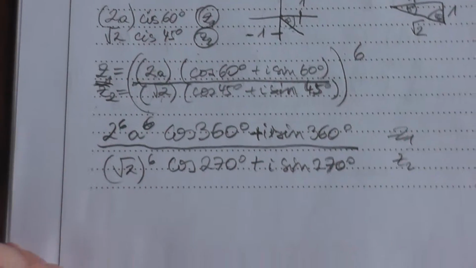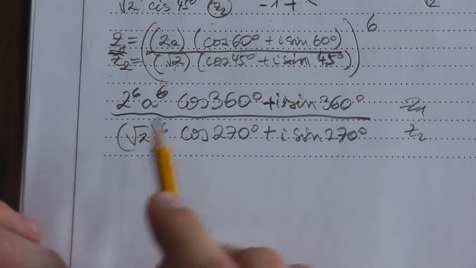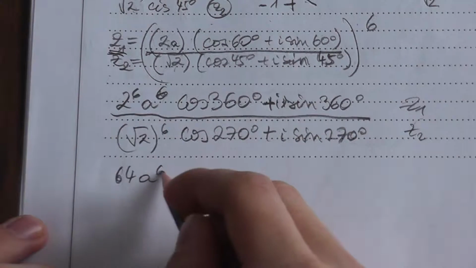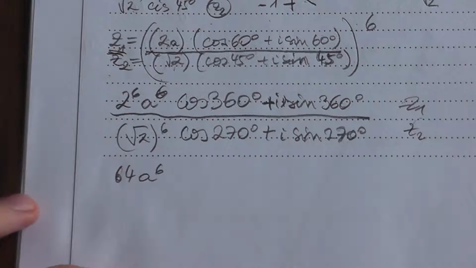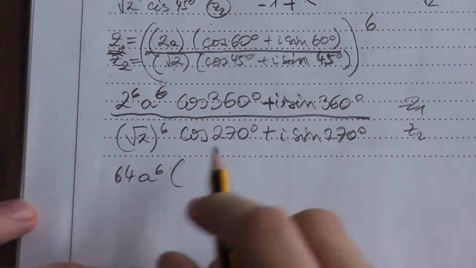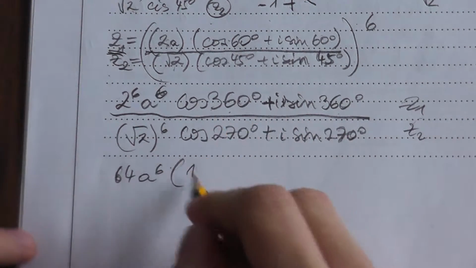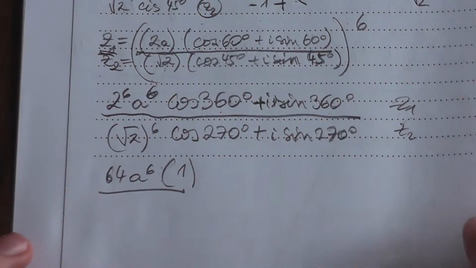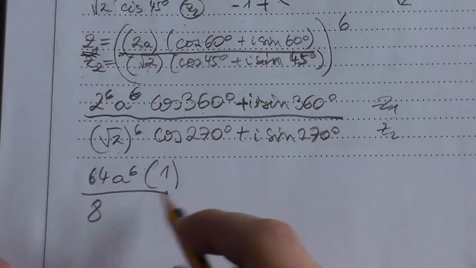And now this is all going to fall out really nicely, as you're about to see. 2 to the power of 6 is 64, so we have 64a to the 6, cosine of 360 is 1, and sine of 360 is 0. So the i falls out in the numerator, so you get this. In the denominator, we get square root of 2 to the power of 6 is 8.